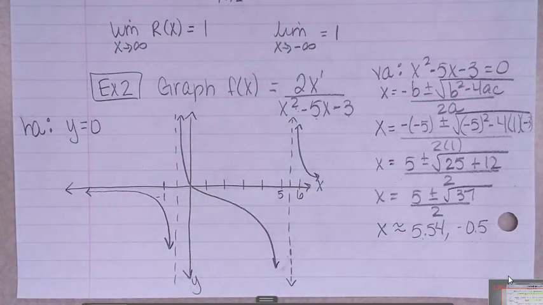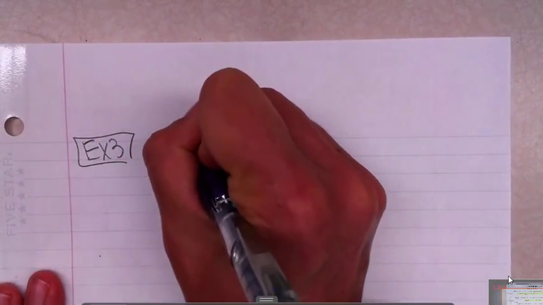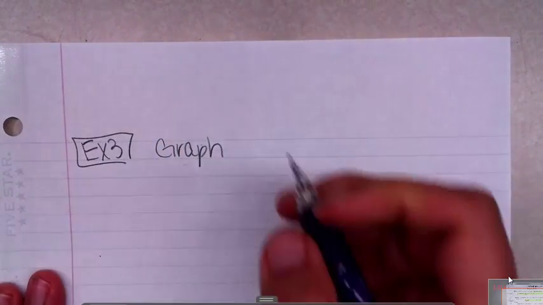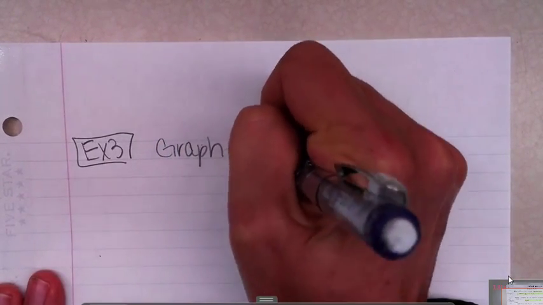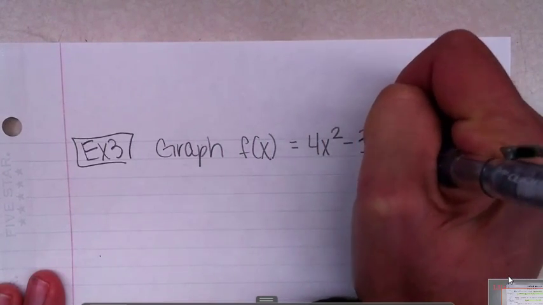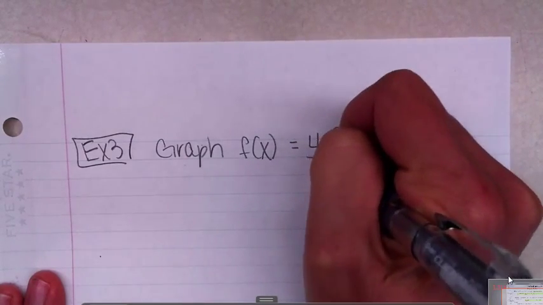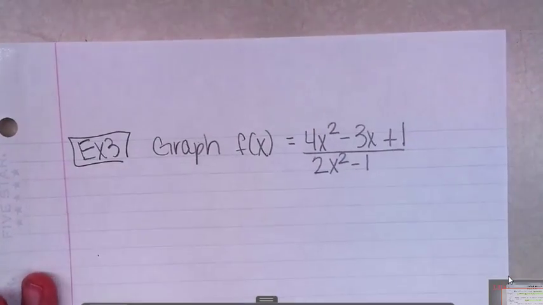All right, one more. Let's work on example 3. We're going to graph one more here: 4x squared minus 3x plus 1 all over 2x squared minus 1.